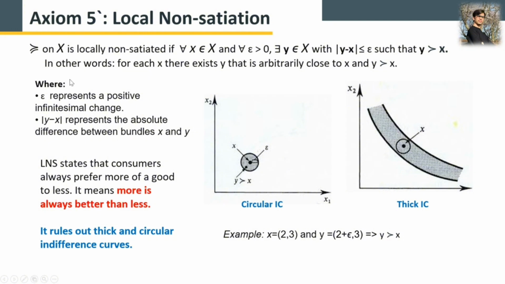In other words, for each x there exists y that is arbitrarily close to x and y is strictly preferred to x.